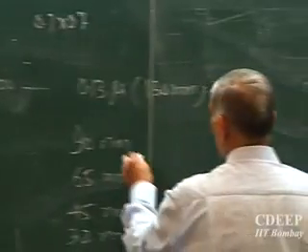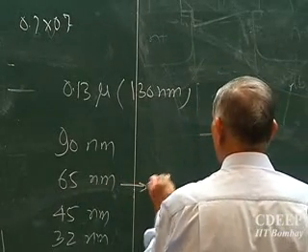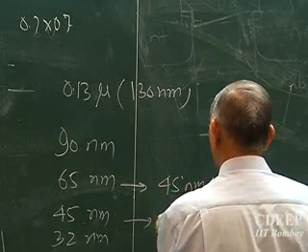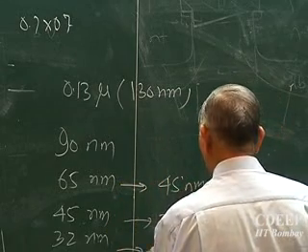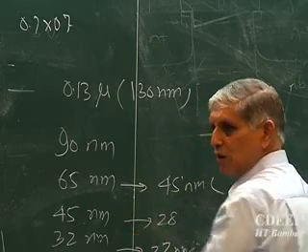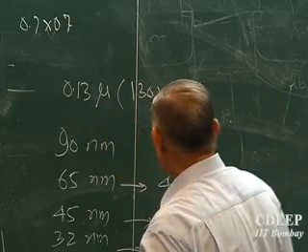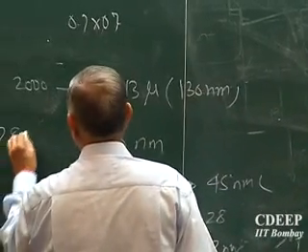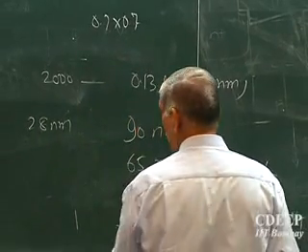For example, now 65 nanometer uses 45 nanometer channel length, 45 is using 28, 32 is using 22 nanometers, and further down it will come. The current technology which is marketed as 28 nanometer is actually a 32 nanometer process.